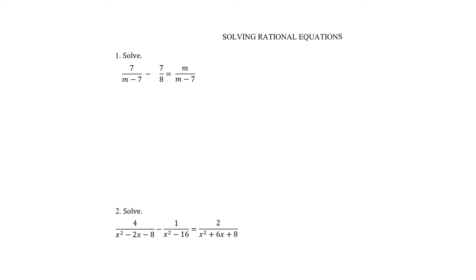Here the common denominator is m minus 7 and 8. So we're going to multiply everything by that common denominator. So we multiply it by the first term, the second term, and also the other side of the equation.